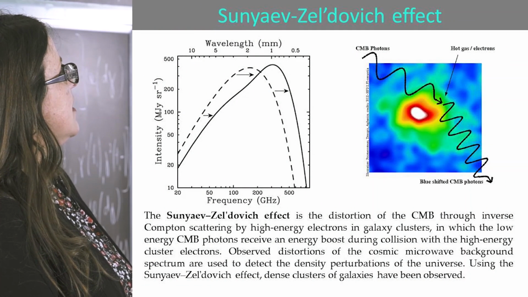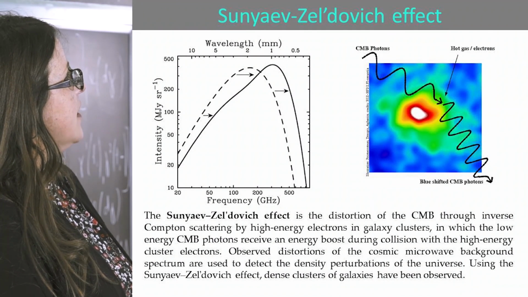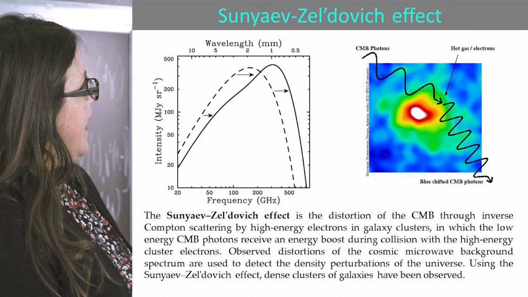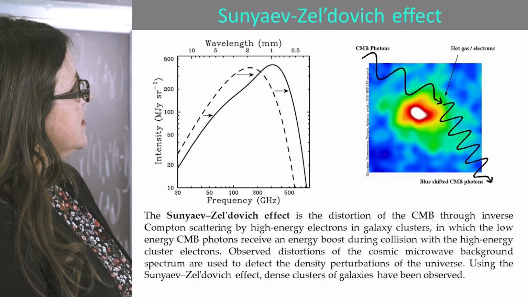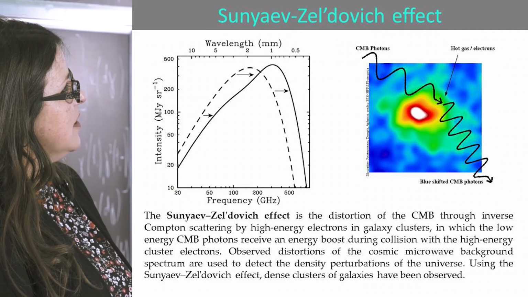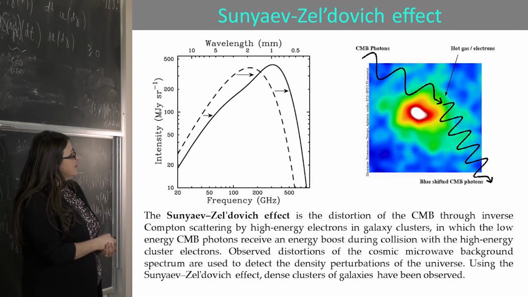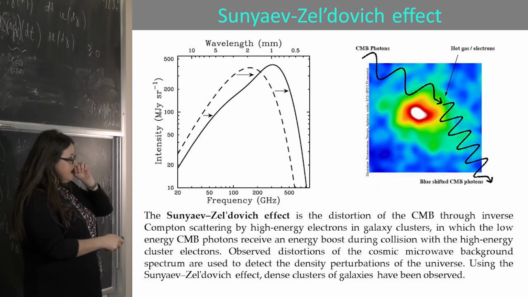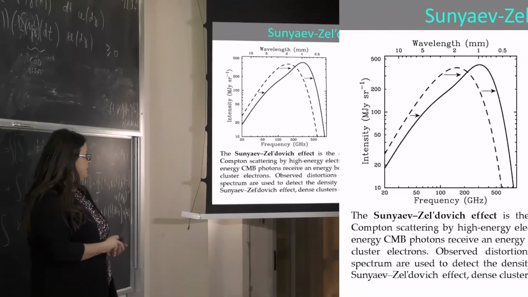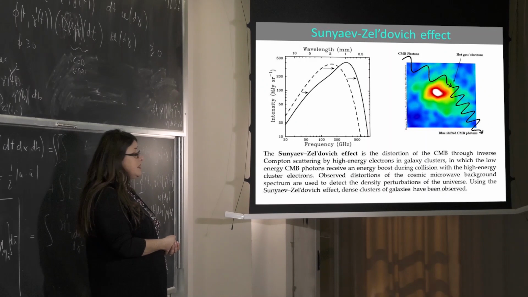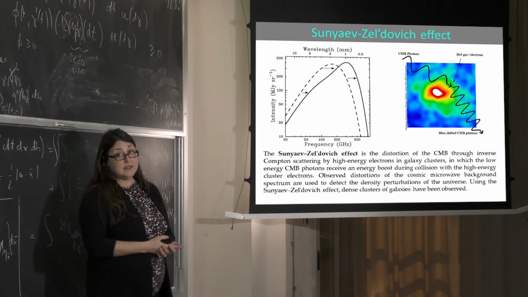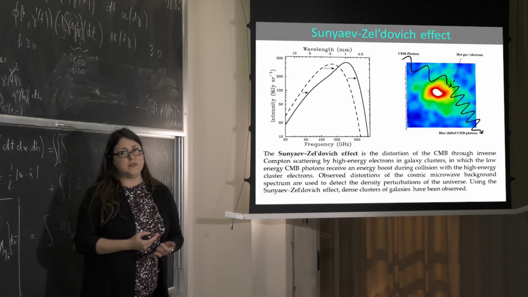You see here that the initial Planckian function is shifted toward higher frequencies. And here you have the scheme of how a CMB photon is crossing an overdensity corresponding to the hot gas in a galaxy cluster, and it is blue shifted. Using the Sunyaev-Zeldovich effect, many dense clusters of galaxies have been observed.